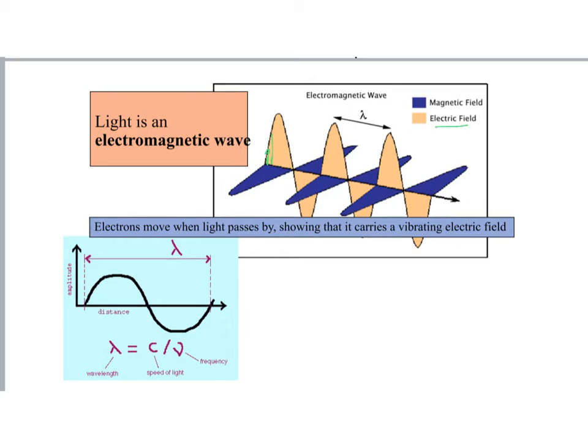So if this would be the intensity, the arrows of the electric field, it fluctuates, right? So it's like positive, it reaches a maximum and then becomes smaller and smaller, and then it fluctuates in the opposite direction. All right, and it keeps going. Then that's the direction of light propagation.